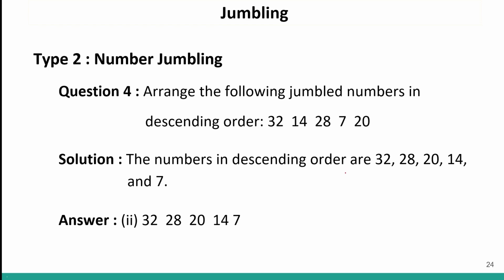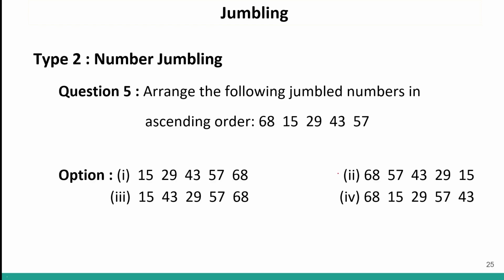Here is the solution. Now, question number 5. We have to arrange the jumbled numbers in ascending order. Ascending means increasing order, which means smaller number to bigger number.